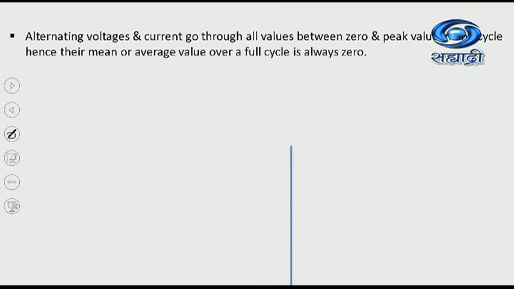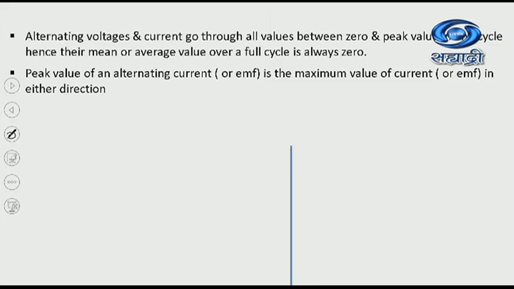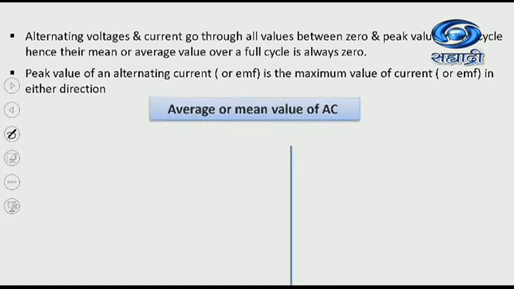Alternating voltages and currents go through all values between 0 and peak value in one cycle, hence their mean or average value over a full cycle is always 0. So we have seen in the earlier graph which clarifies things. Peak value of an alternating current or EMF is the maximum value of current or EMF in either direction.